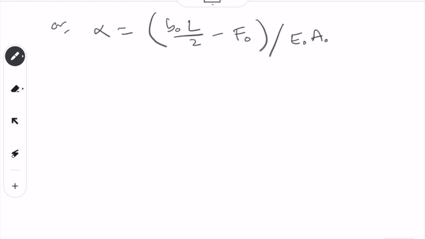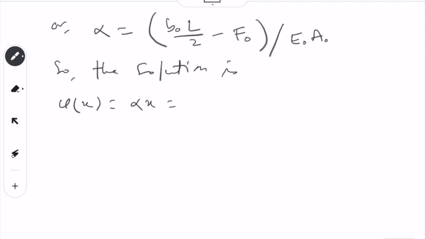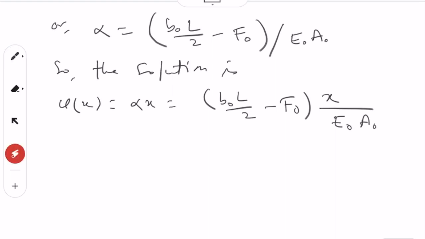So the solution is u of x equal to alpha x equal to b naught L over 2 minus f naught, x over E naught A naught. So this is the solution we got.